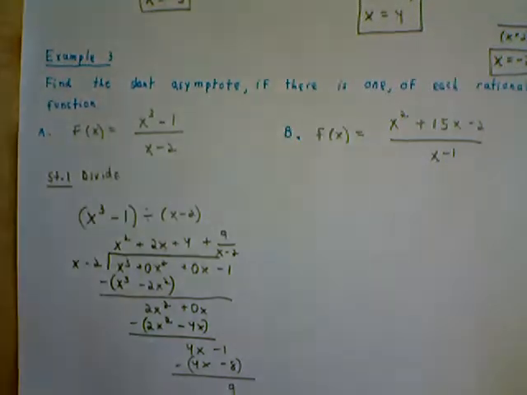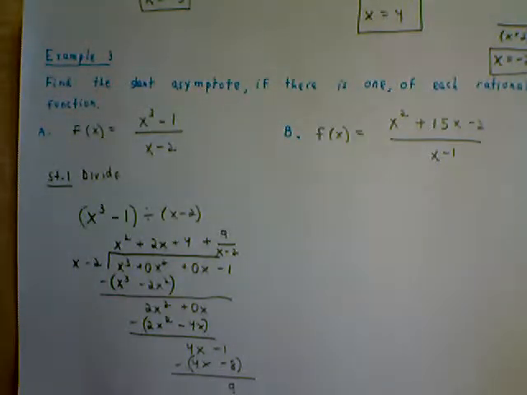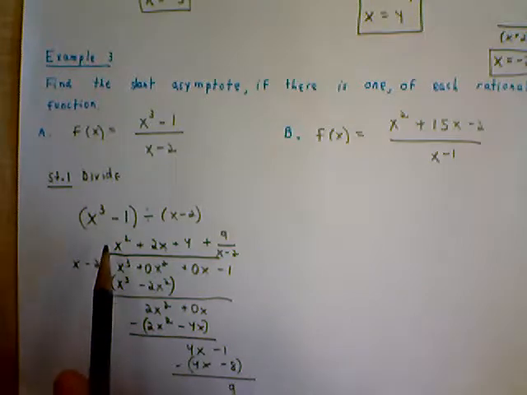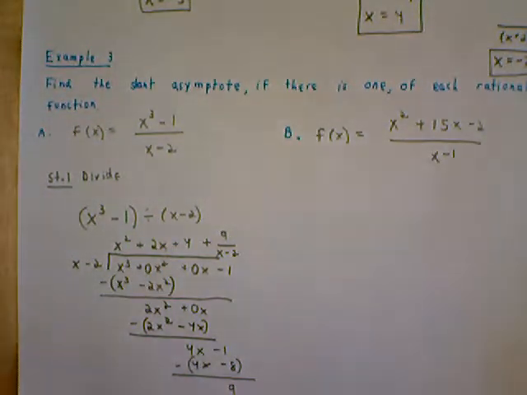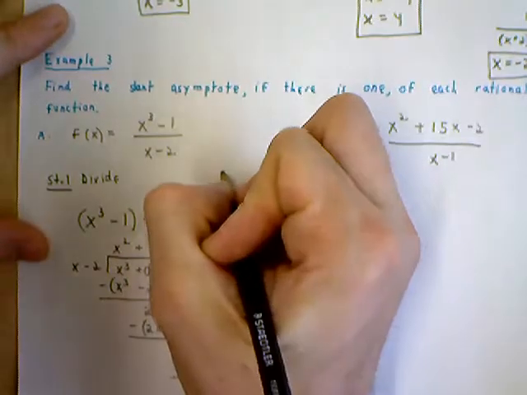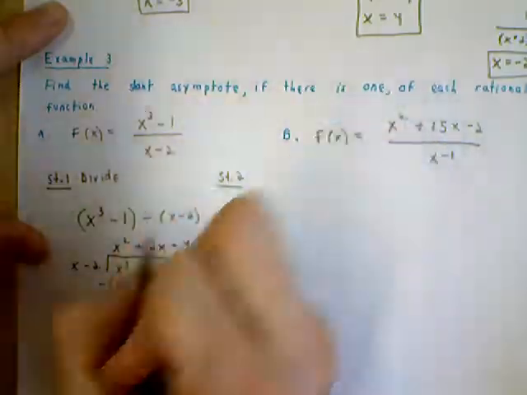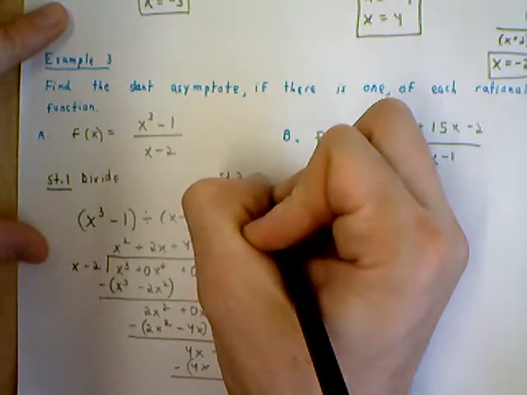Now, for slant asymptotes, what you're going to do is take the result of division without the remainder.